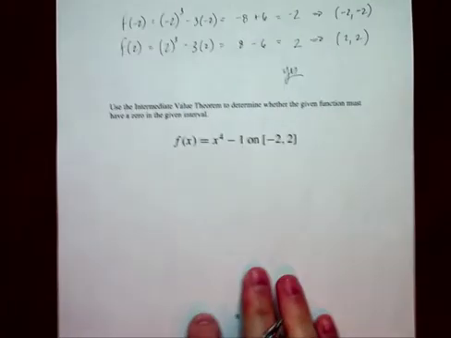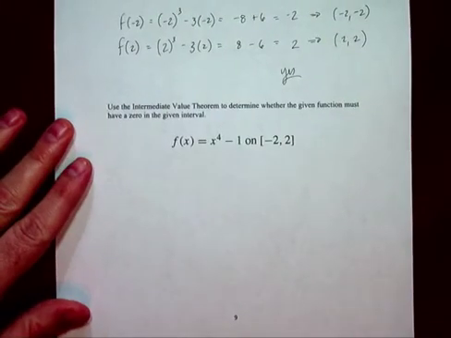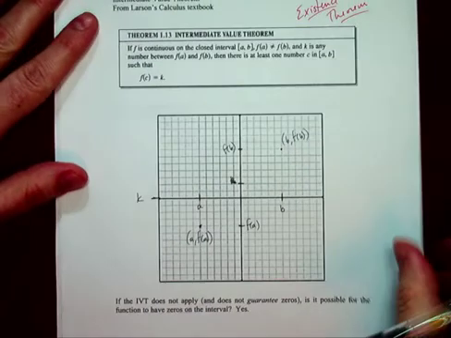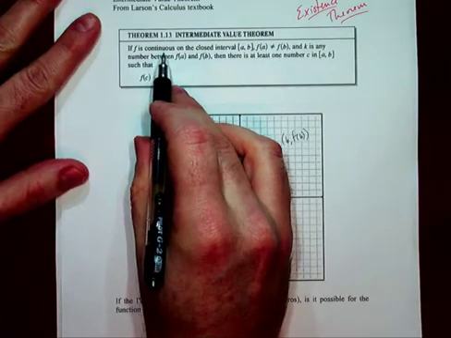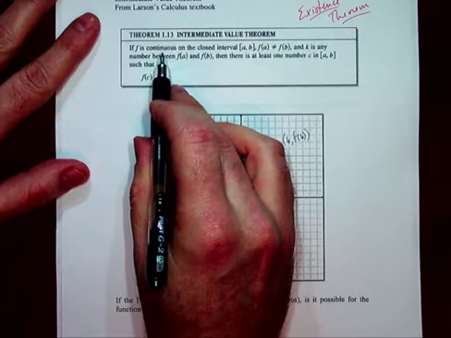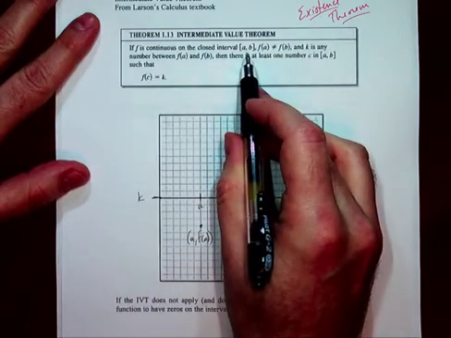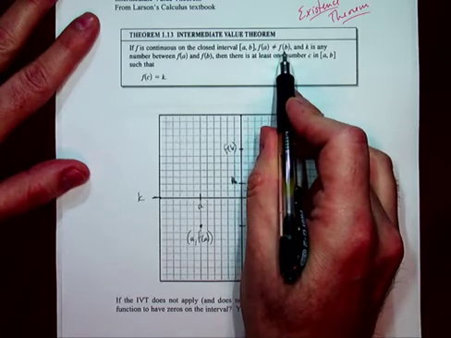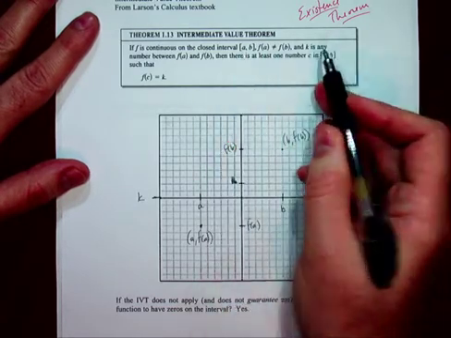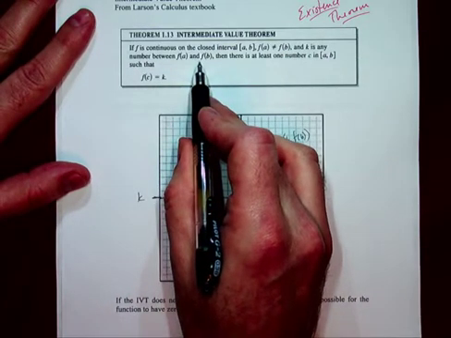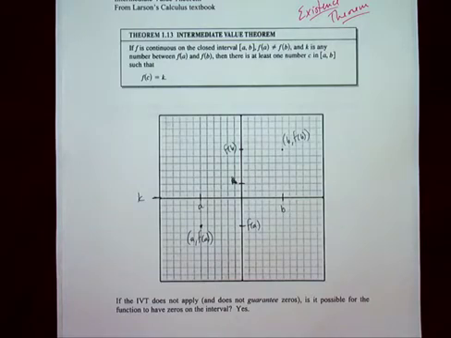Now, that's basically it, okay? You just have to remember the criteria that are laid out. The criteria is, if f is continuous, and anytime we have a polynomial function, it always is, on the closed interval [a, b], and f(a) is not equal to f(b), meaning the endpoints don't have the same output, and k is any number between there, okay, so you have to have those three things checked off.